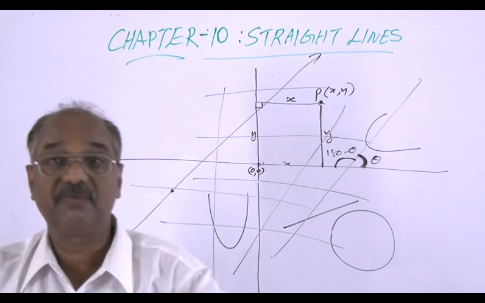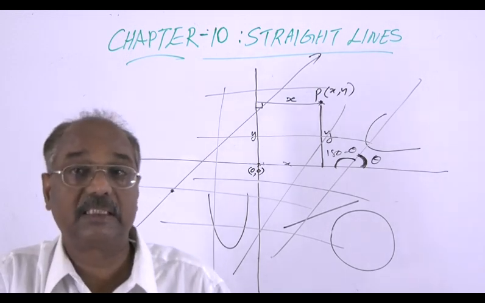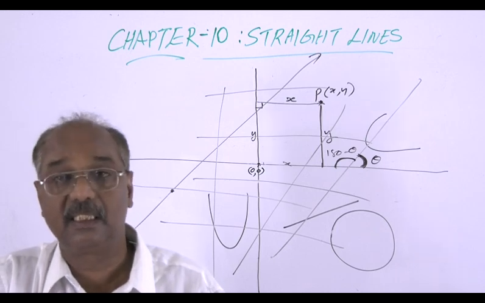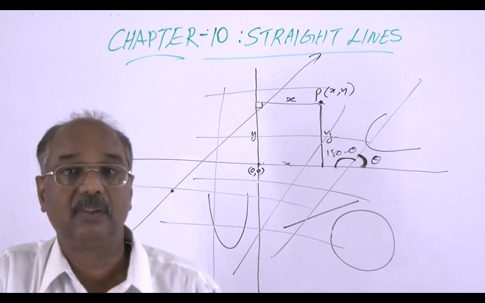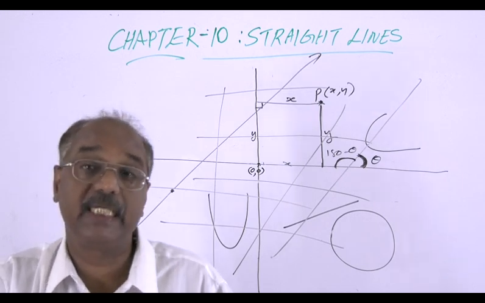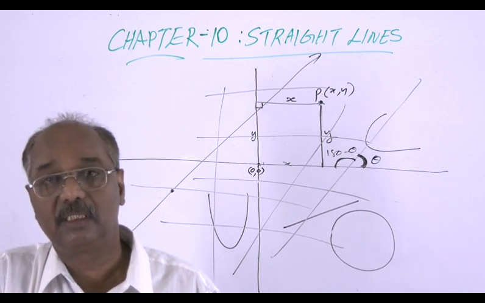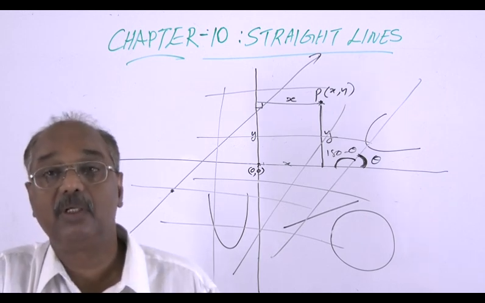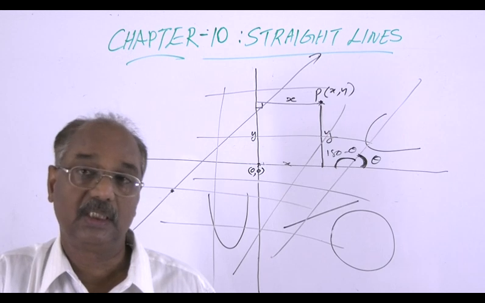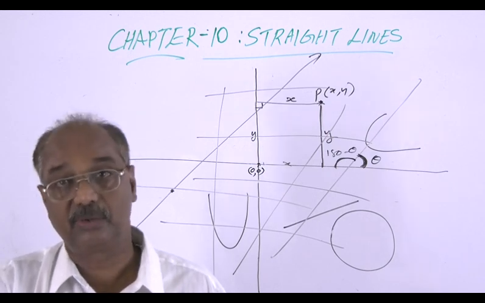So in that way we can have varying results of these lines in this chapter. We need certain additional results before that, which you have already seen earlier. And after discussing this with this idea in mind, we will go to the slope and also the equation of the line in the next videos. Okay.